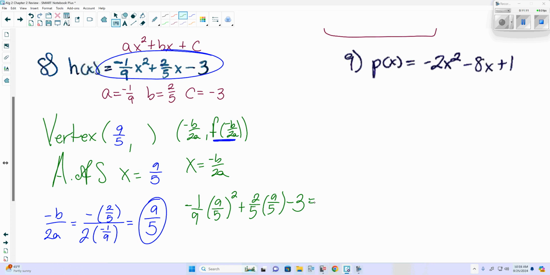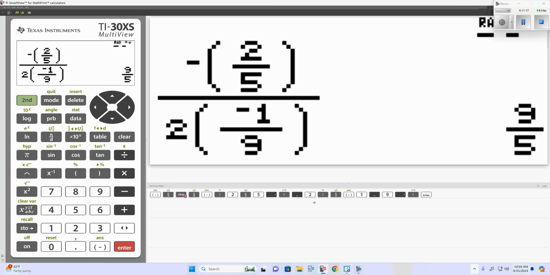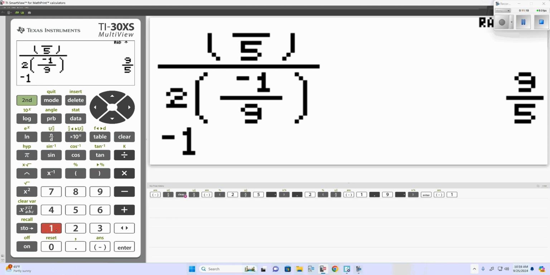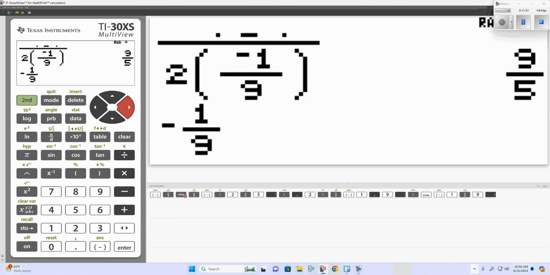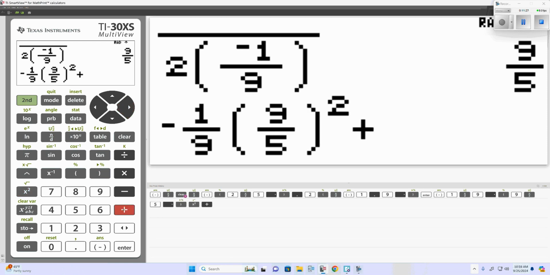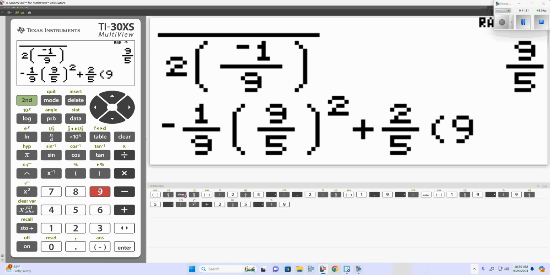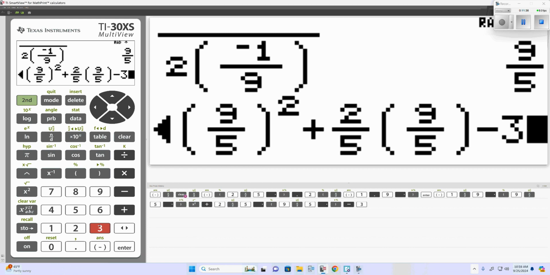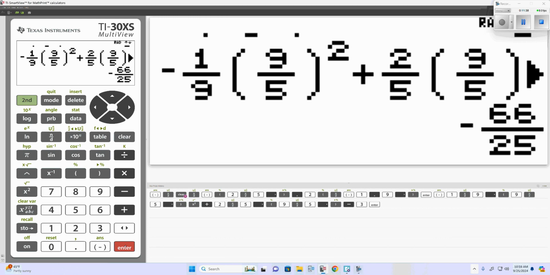And again, I just plug the whole thing exactly as it looks. Let the calculator do all of the calculations for you on this one here. Negative 66 over 25.